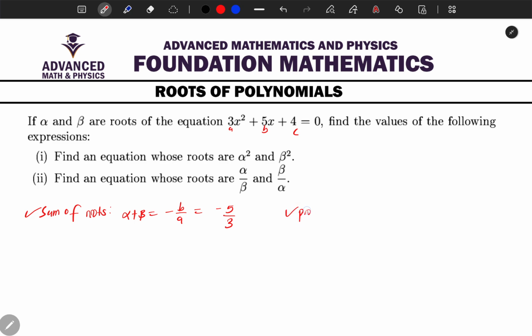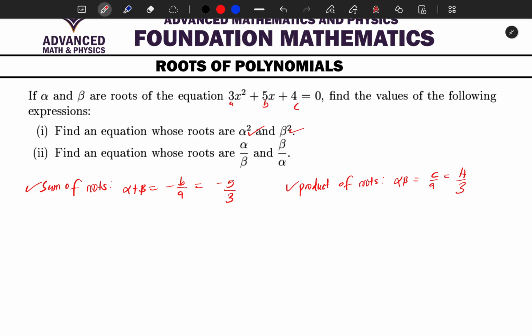Next, find the product of roots, which is alpha beta. And alpha beta is usually given by C over A, which is 4 over 3. Okay, we found that. But the keyword is that we're looking for the equation whose roots are this and that.